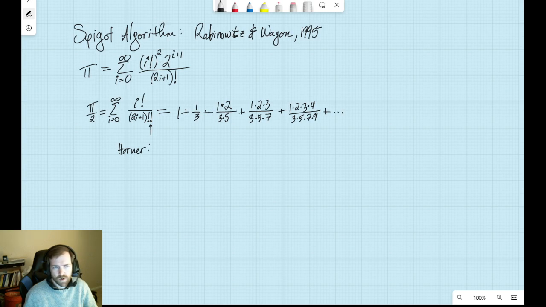William George Horner described it in 1819, so this is a little less recent, over 200 years ago, and fairly useful for hand calculation.